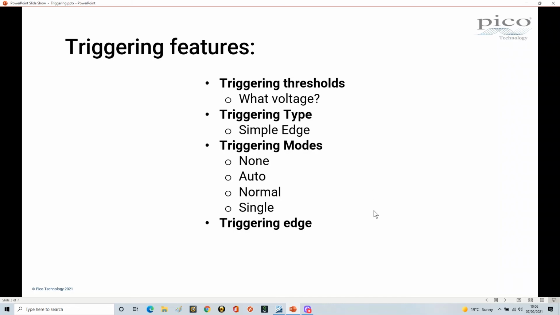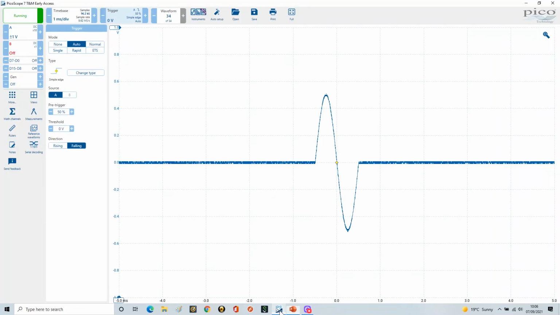So then we've got the triggering edge, of which there's positive and negative. So let's go back to our scope here. So what difference does this make? Well, at the moment it's set to a falling edge. So what it's doing is triggering, so let me just go back to normal here so we actually catch this properly.